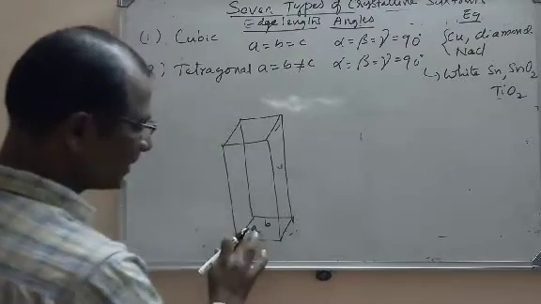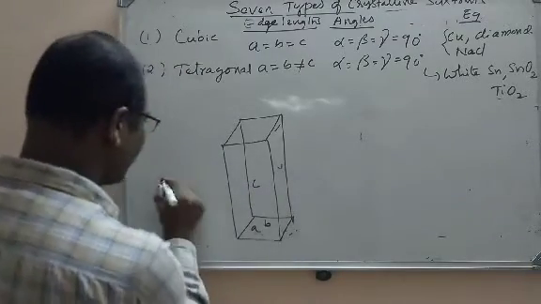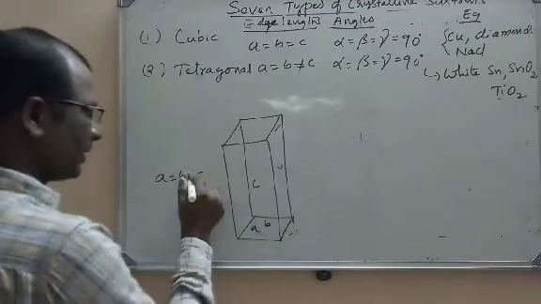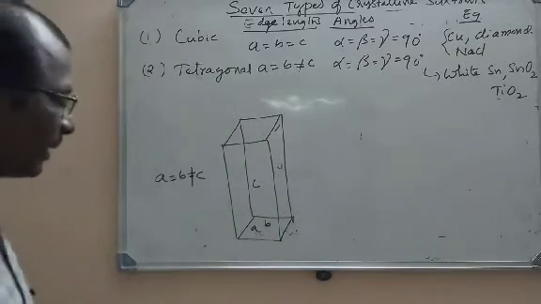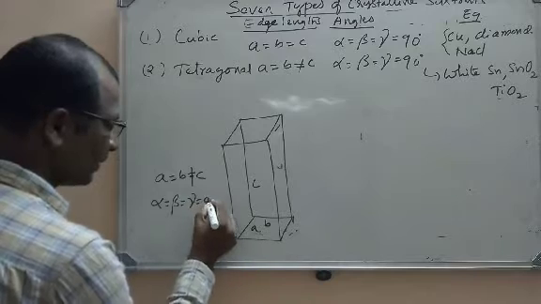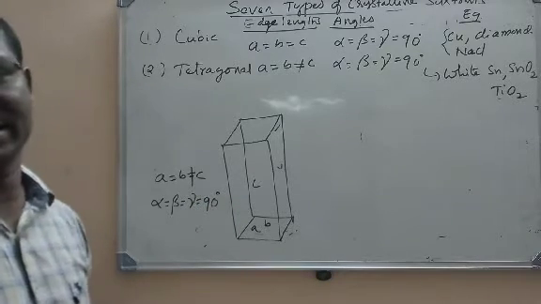So in this A is same as B and this is C. So what is happening here? A is same as B, but C is not equal. C is this one. But all the angles are same. Alpha is equal to beta is equal to 90 degrees. So this system is called a tetragonal system.